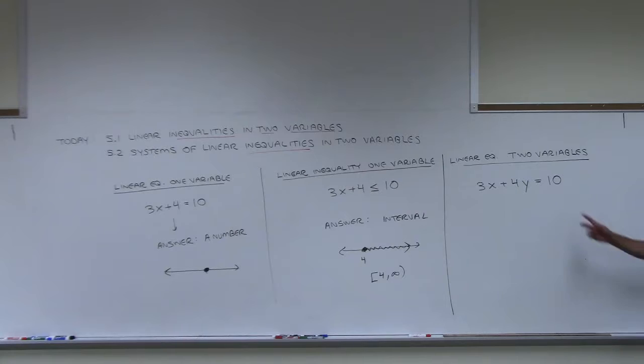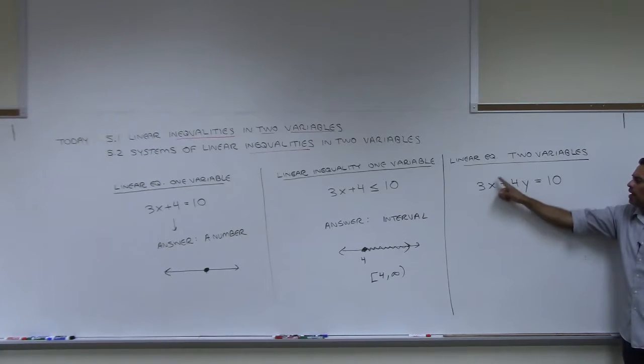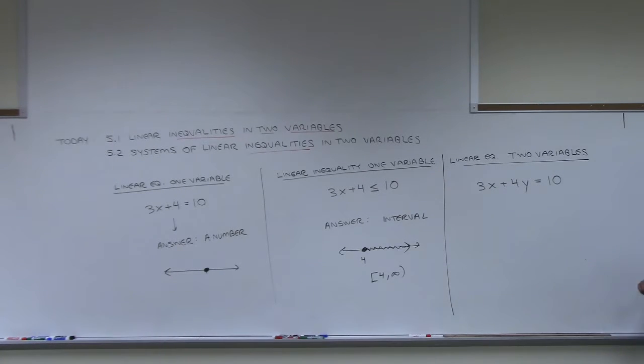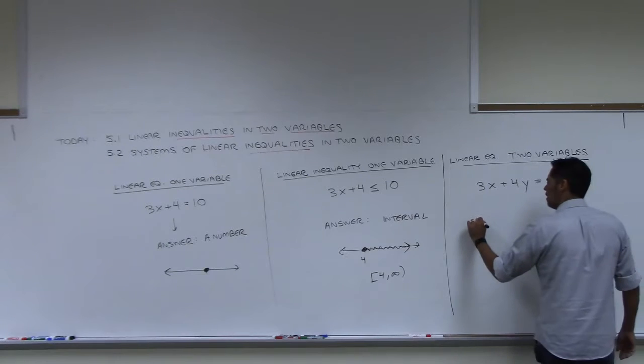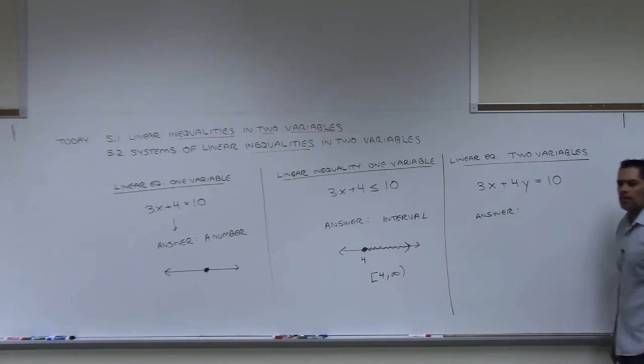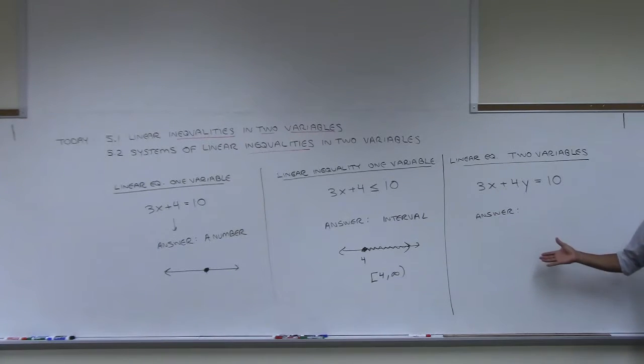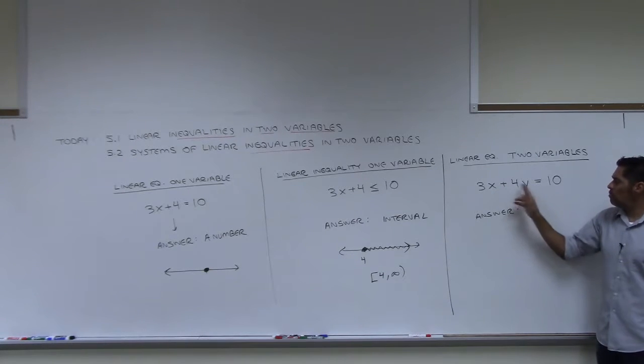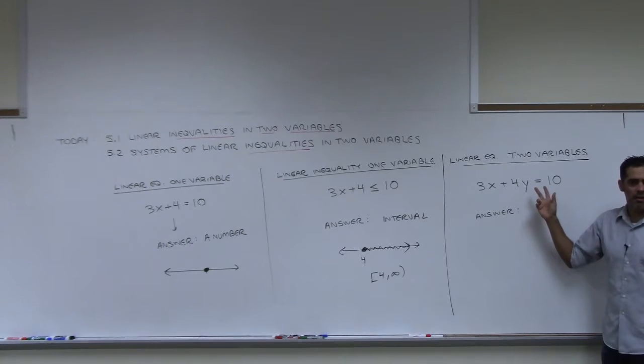All right, you have two variables, it's an equation, and you've got linear because they're both to the first power. And the answer to this is what? If I try visually, what is it? X is going to equal something and Y is going to equal something? It's an x and a y that both satisfy this, right?